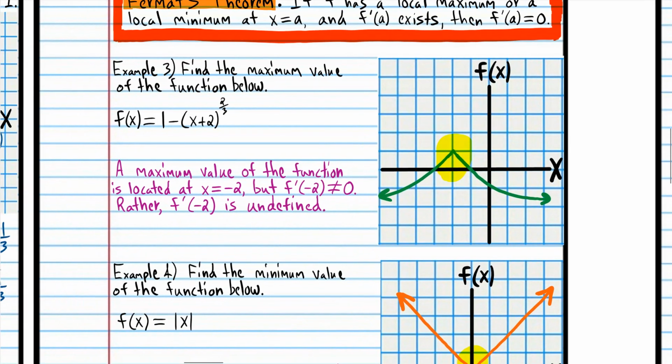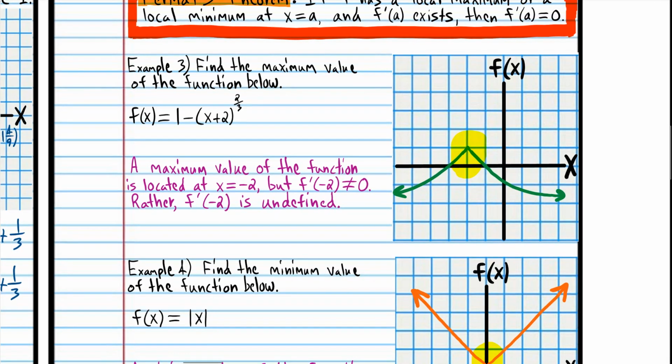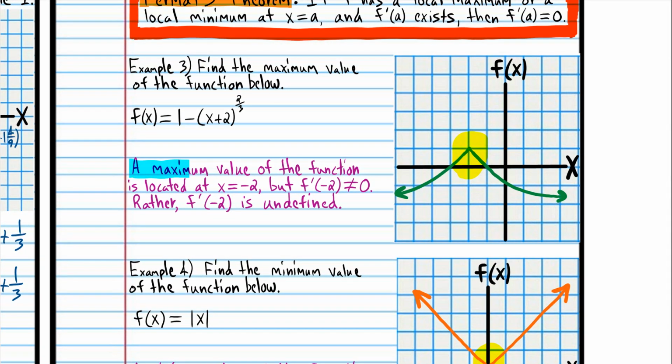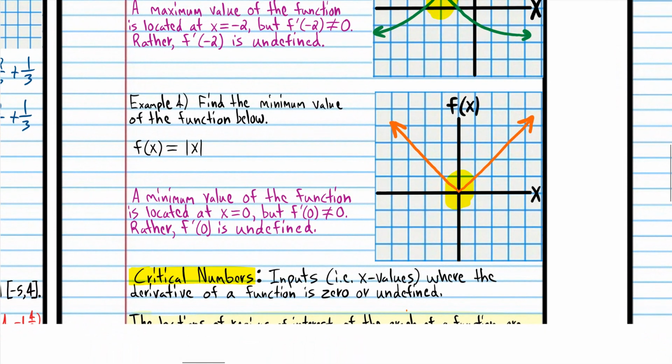But the derivative at that point is not equal to 0, because remember from the previous class, the derivative at that point is actually undefined. So a maximum value of the function is located at x equals -2, but the derivative is not equal to 0. So Fermat's theorem doesn't work when you have a kink in the graph. Same thing here with the absolute value function.